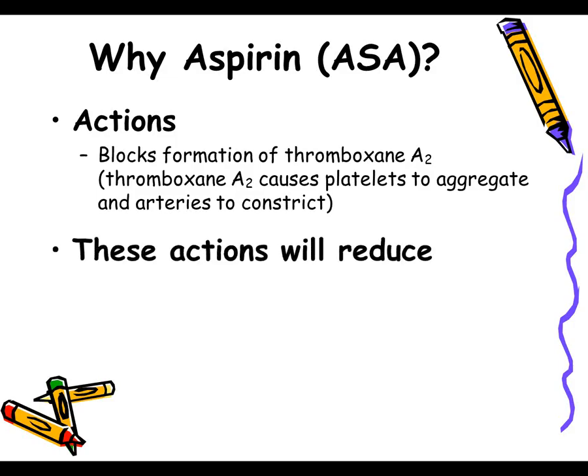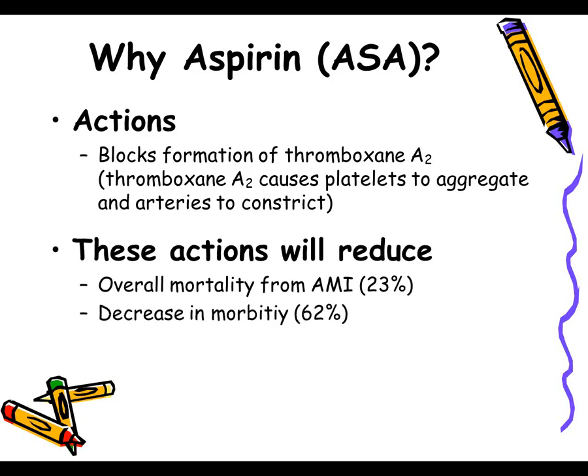Giving somebody 2 to 4 baby aspirin reduces their chance of death by 23%, decreases their long-term disability by 62%, and significantly reduces the infarct size or the dead tissue in the heart by giving it as soon as possible.